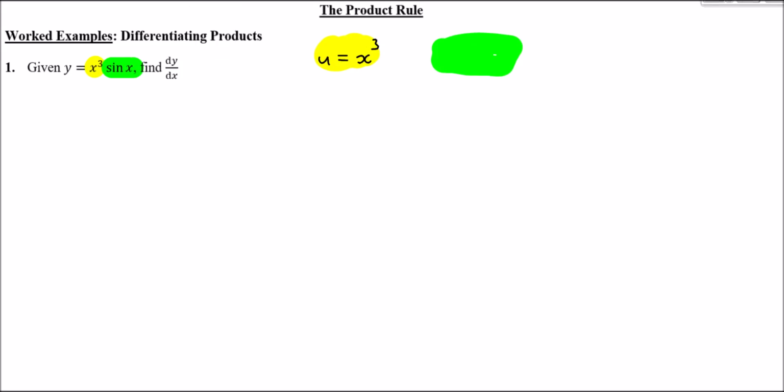If we apply the product rule, as long as we remember how to differentiate these functions, we'll be fine. If u is x cubed, u' will be 3x squared, and if v is sine x, then the derivative of sine is cos.